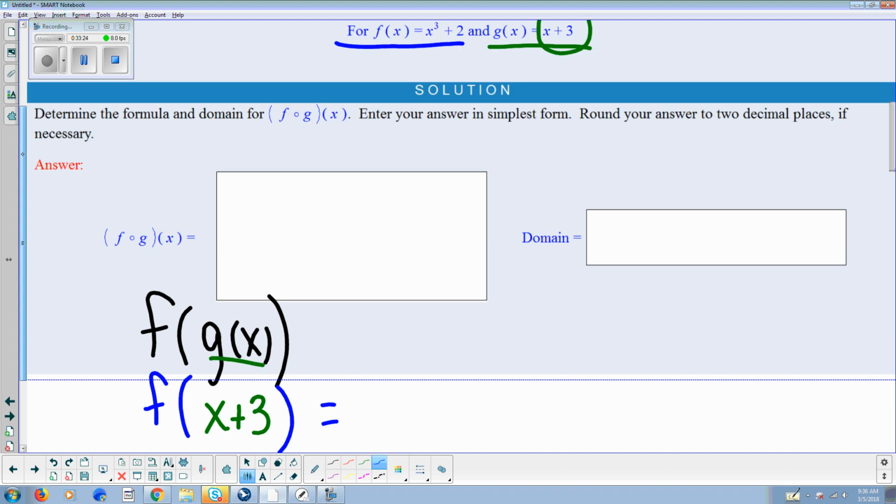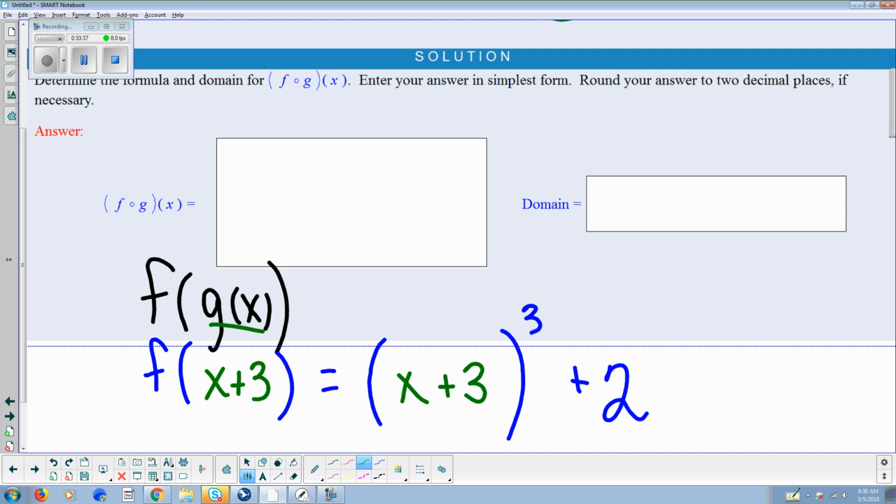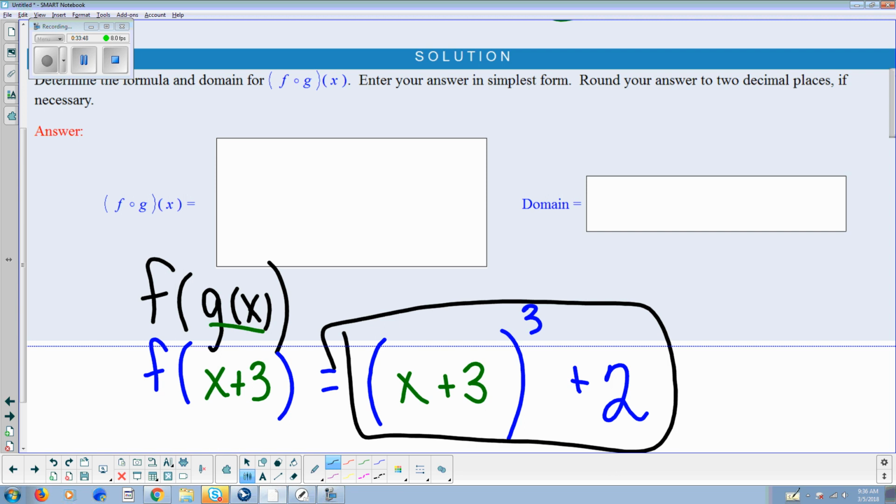So the f function said x cubed plus 2, and what goes into this is x plus 3. I really wish that we could enter that as our answer. See that?